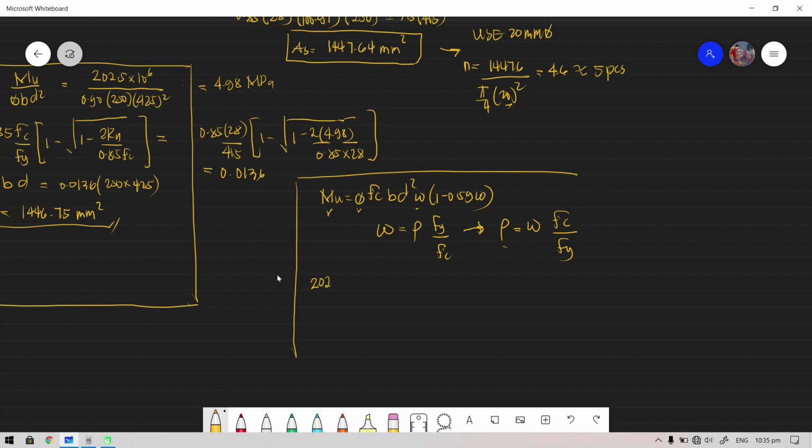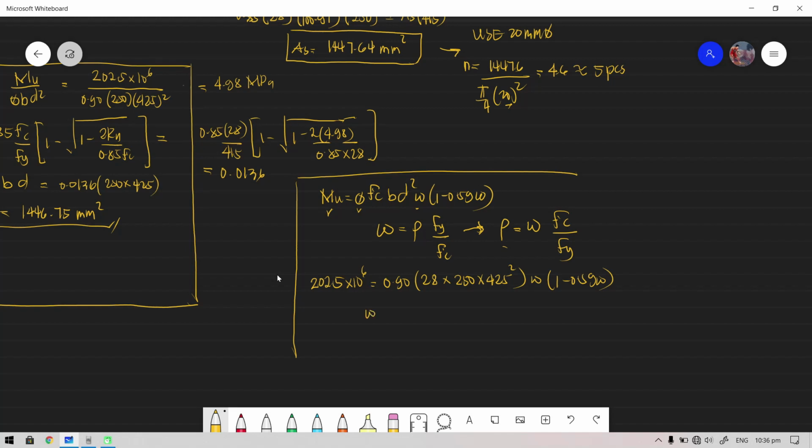So, try natin. So, 202.5 multiplied by 10 raised to 6, equals 0.9, F prime C is 28, multiplied by B, which is 250, multiplied by 425 squared, times omega, times 1 minus 0.59 omega. Okay, para isa lang yung unknown.